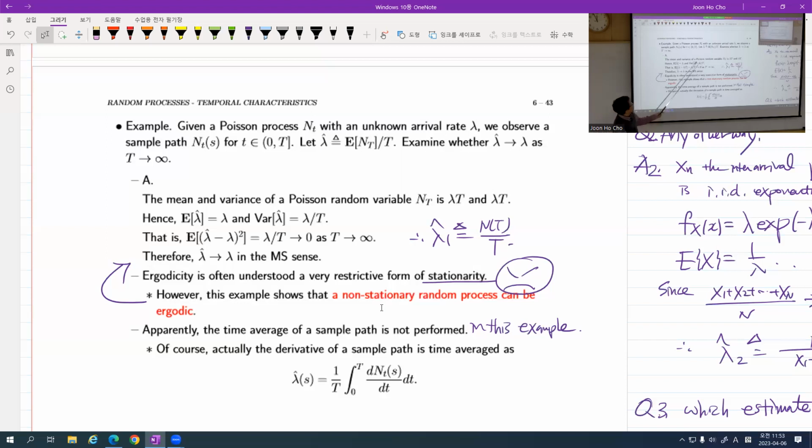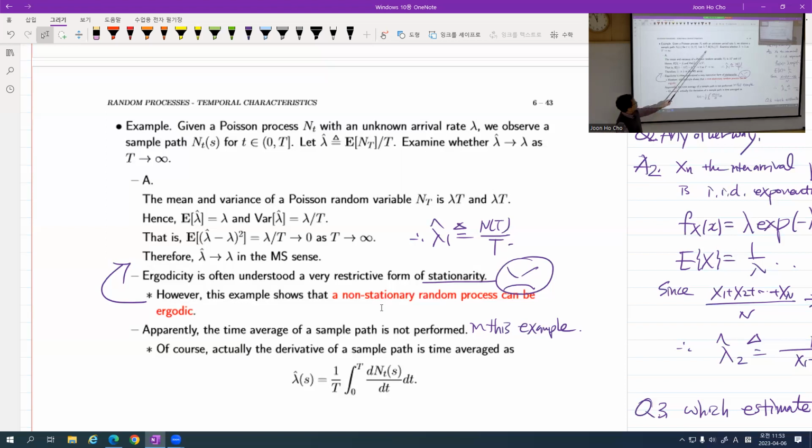Now, what do you know? So N sub capital T is what? From some reference time 0, and let's say this is 60 seconds from now on, you count the number of orders, arrivals.